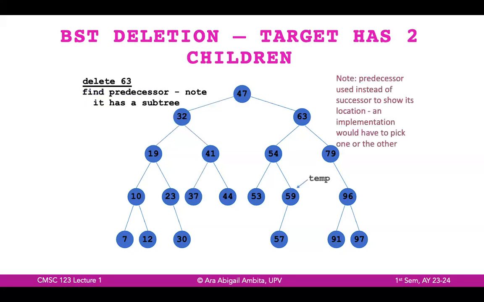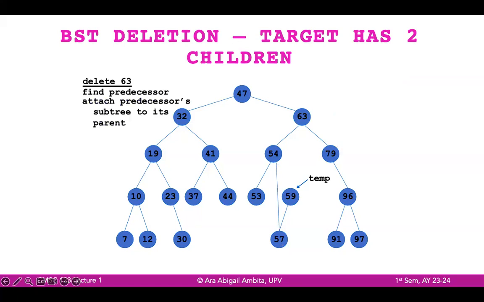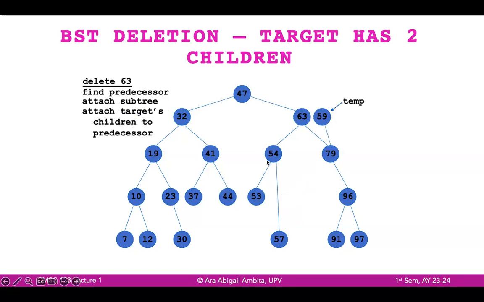If we use the predecessor, then we look at the rightmost node of the left subtree. But if the predecessor has a subtree or a child attached to it, then we have to do some necessary things like attaching its children to its parent, and doing the same thing we did earlier with the successor example.